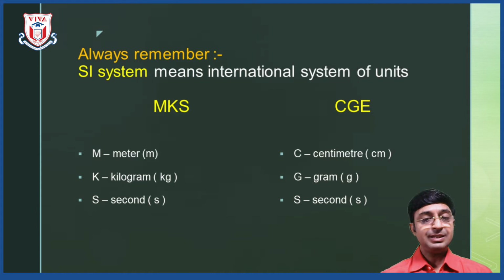And S means nothing but second, what we measure in second, so time. So length is measured in meter, mass in kilogram, and time in second. Now in CGS, length is measured in centimeter, mass in gram, and time in second. Now in both systems, MKS as well as CGS, time is measured in the same unit, that is the second. Remember, that is very important.